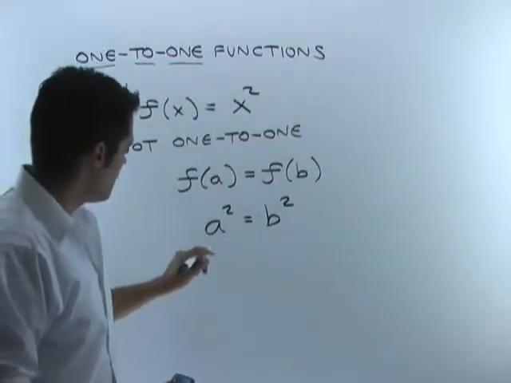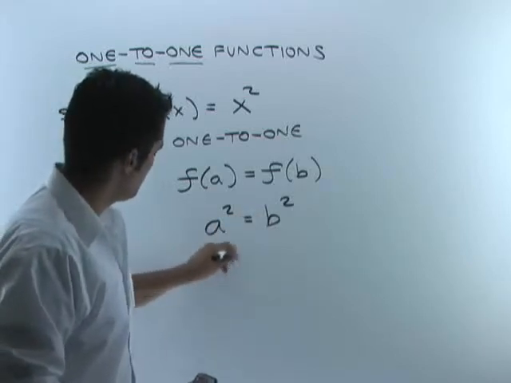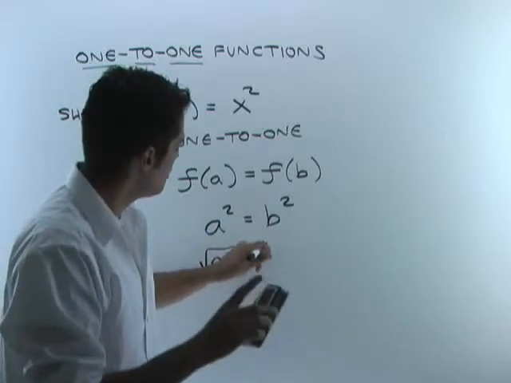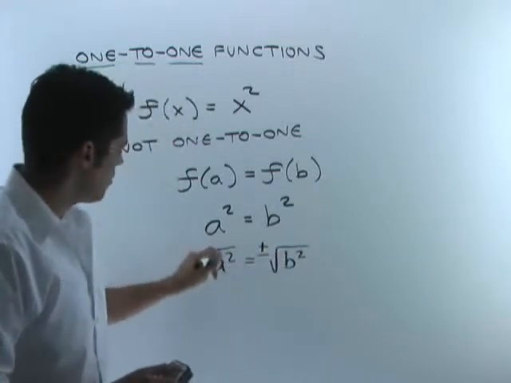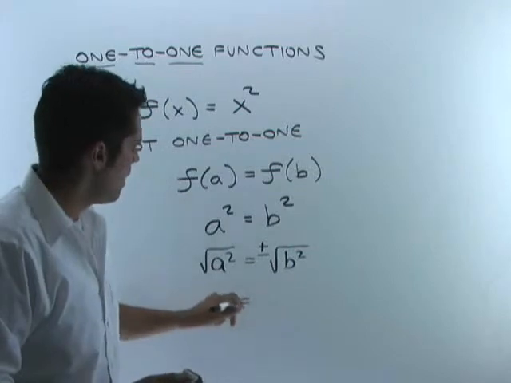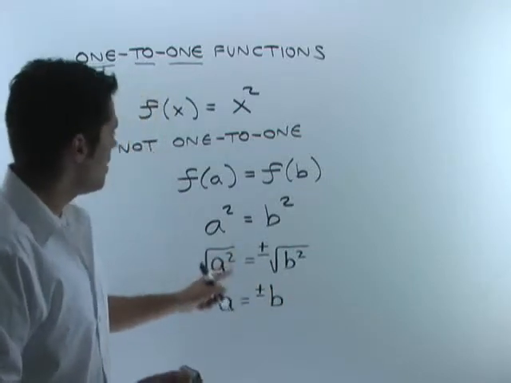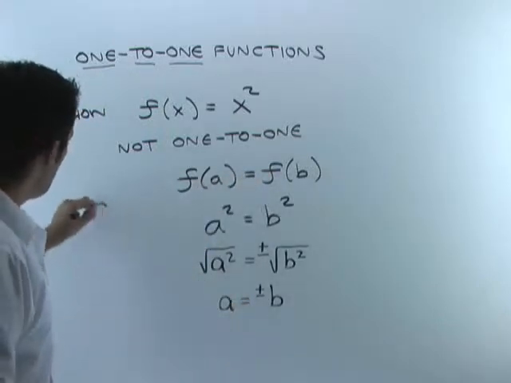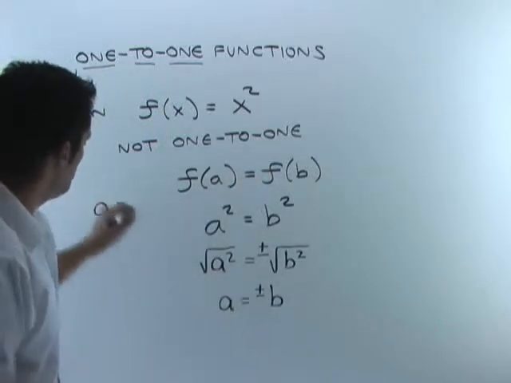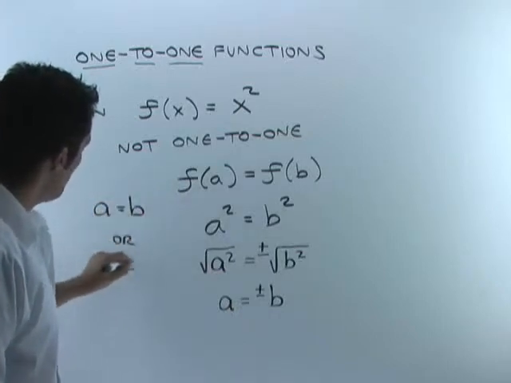But here's the problem. If we take the square root of both sides, you get the square root of a squared equals plus or minus the square root of b squared. Now, the square root of a squared is just a, and the right side is plus or minus b. That means that if these two are equal, we can conclude that a must be equal to positive b, or a could also be equal to negative b.